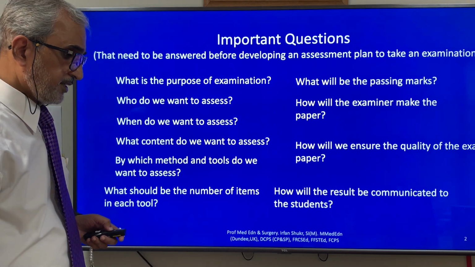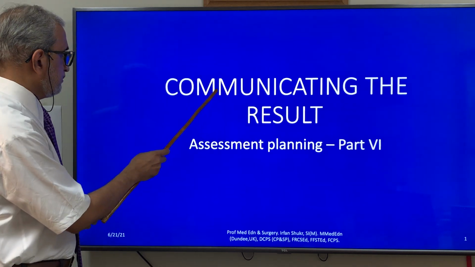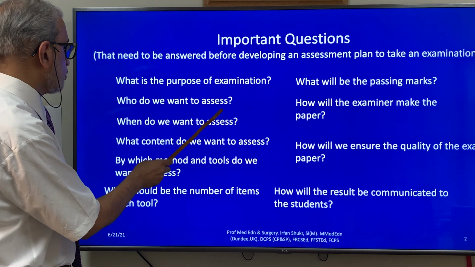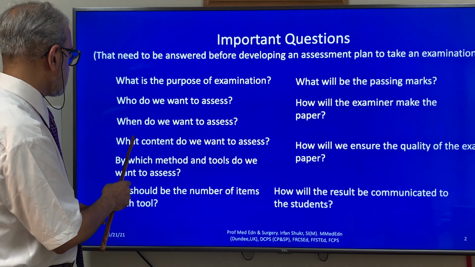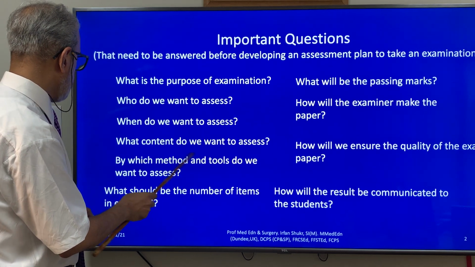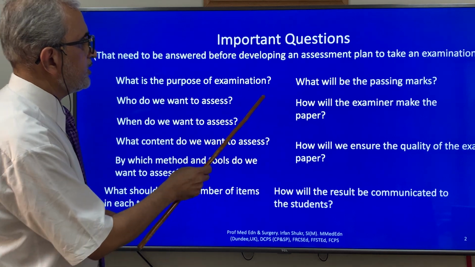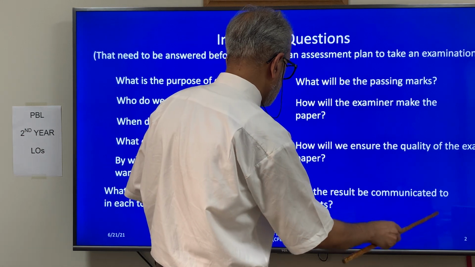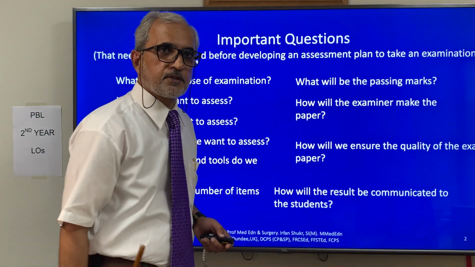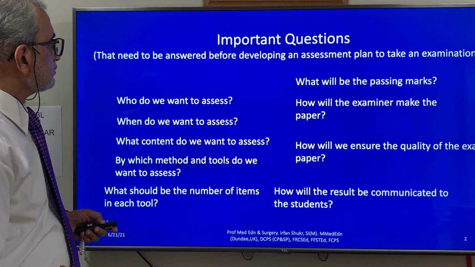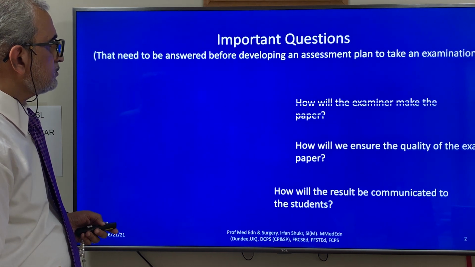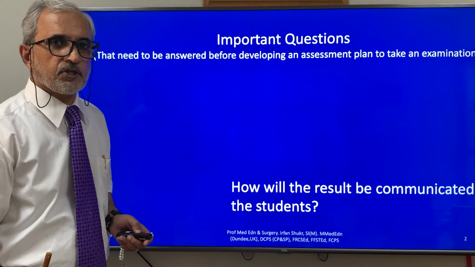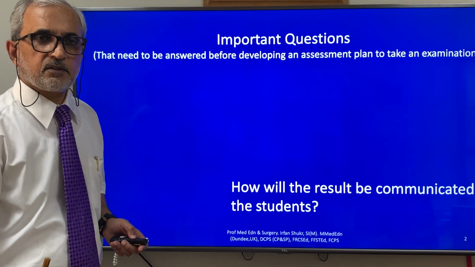Previously we have discussed the purpose of examination, who do we want to assess, when do we want to assess, the content we want to assess, which method, the number of items, standard setting, and now we are going to talk about how the result will be communicated to the students. So in this video we're talking about this.